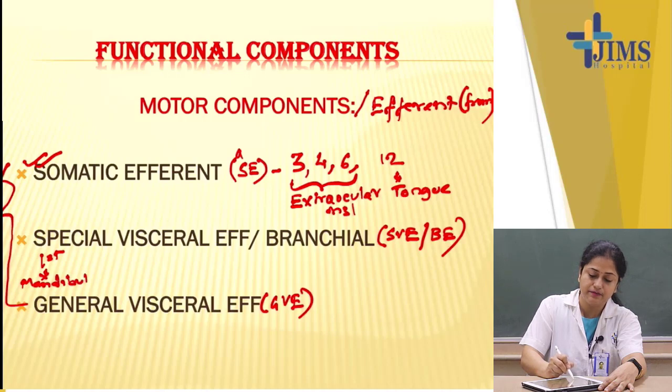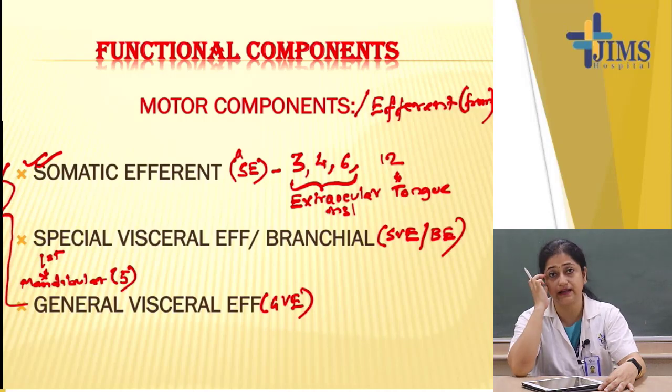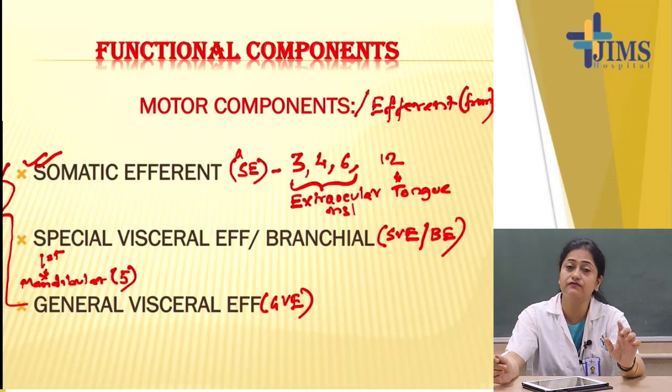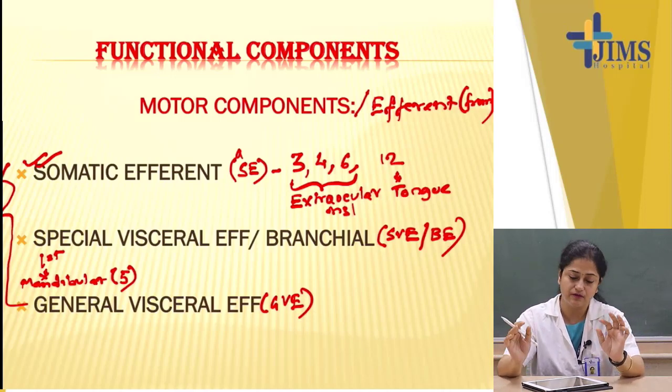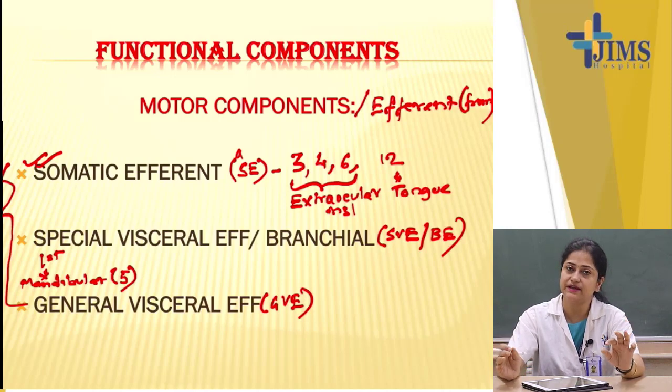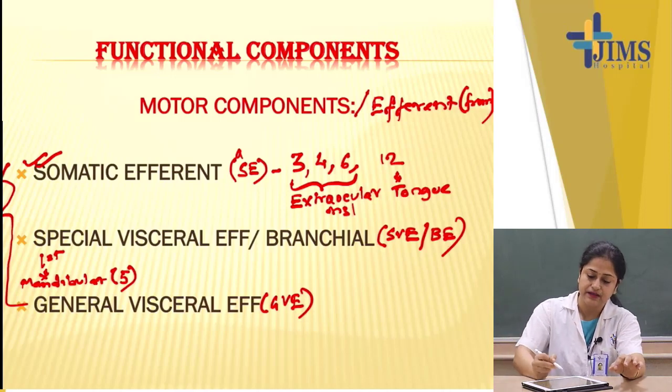This mandibular nerve is one of the subdivisions of the 5th nerve, the trigeminal nerve. So, the 5th nerve will carry special visceral efferent. Though it is a mixed nerve, one of the components will be special visceral efferent.